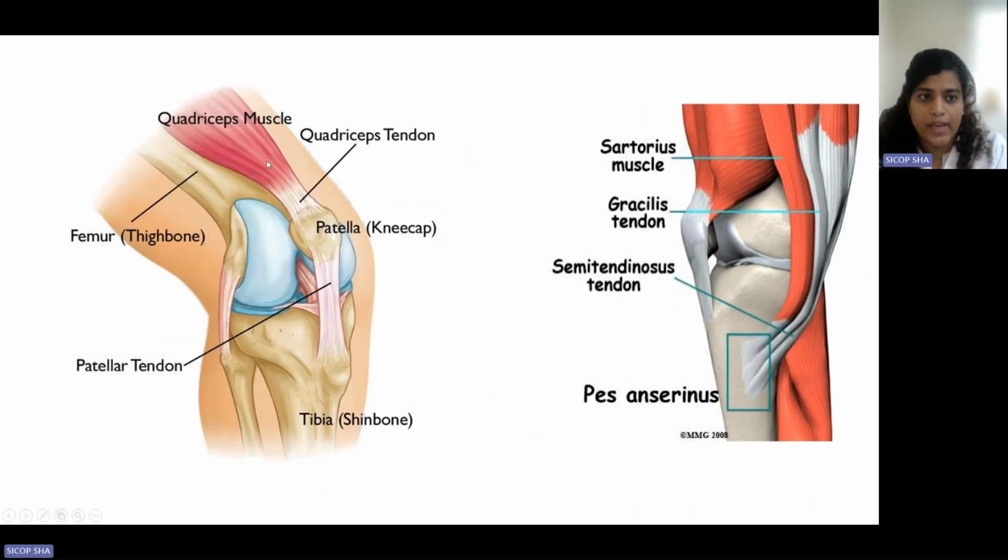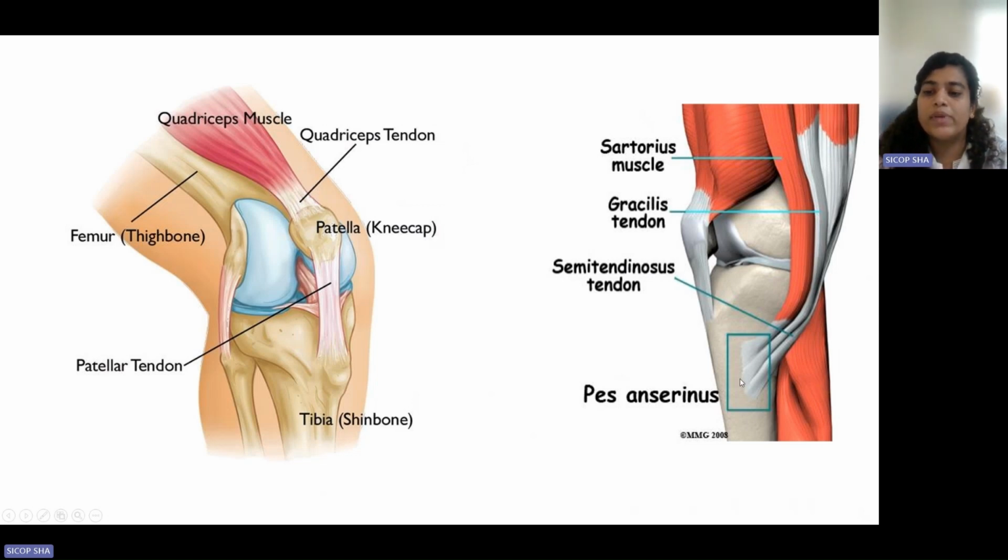So as you can see on the slide, I'll just quickly give a brush up. This is a quadriceps muscle, and this is the tendon. This is the patella and the shin bone, and this is the patella tendon, right? So the pain occurring at this site denotes the inflammation or involvement of that structure.